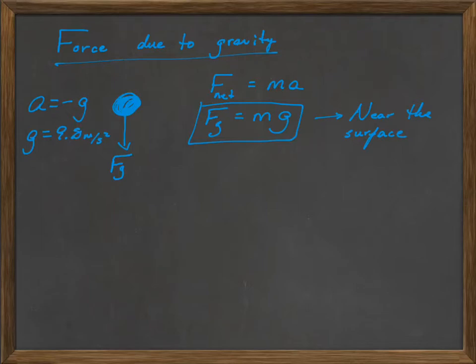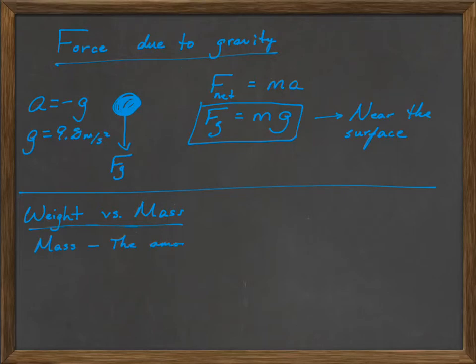That brings up another idea, and that's the idea of what is weight versus what is mass. We want to make sure that we really understand the difference between these two things. Mass represents the amount of matter contained in an object.